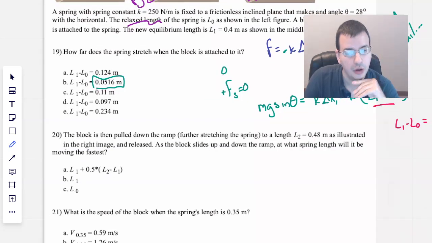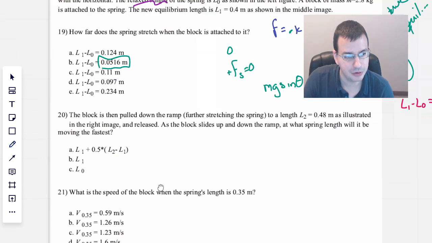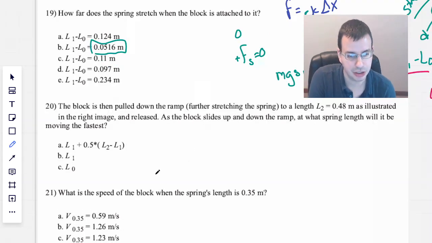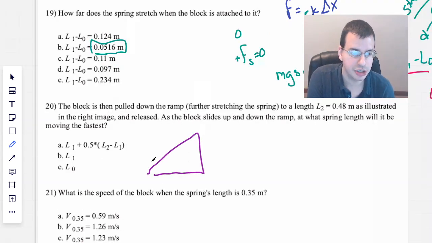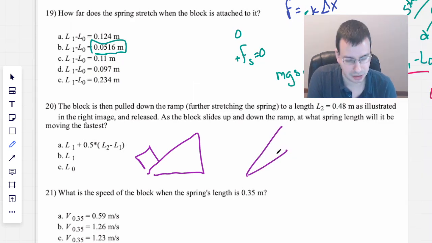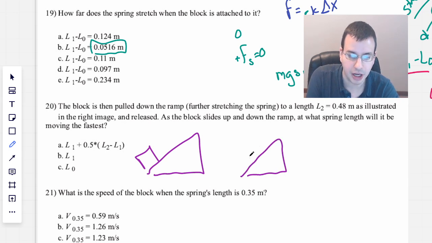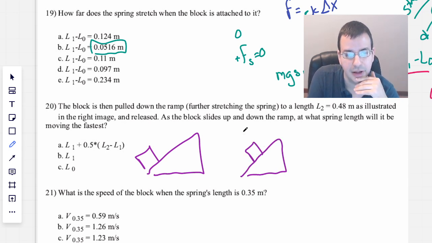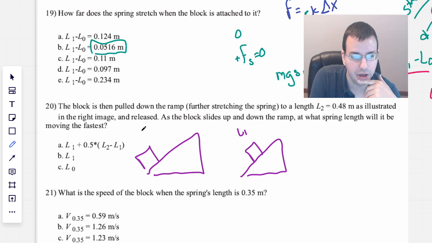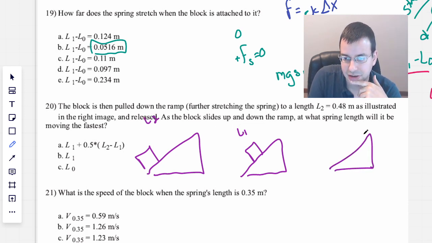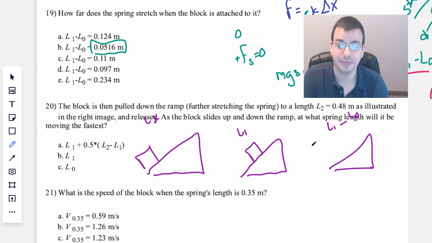So we're going to look at a few situations here. I'm going to just redraw this. So we have the block all the way stretched. We have the block, we're going to say at equilibrium. So this will be L1. This will be L2. And this would be something between L1 and probably L0, let's say.